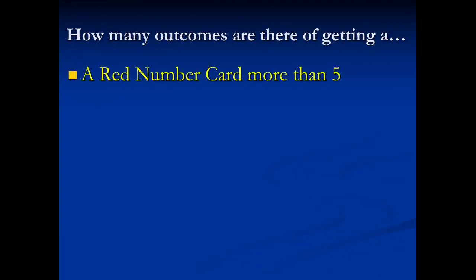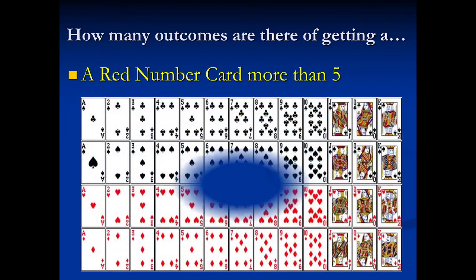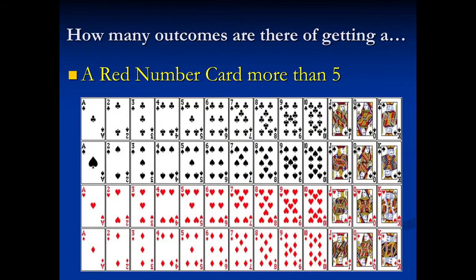Okay, let's have another question. A red number card more than 5. What are the number cards more than 5? How many cards are there from 6 to 10? 5. But my question is, it stated red.